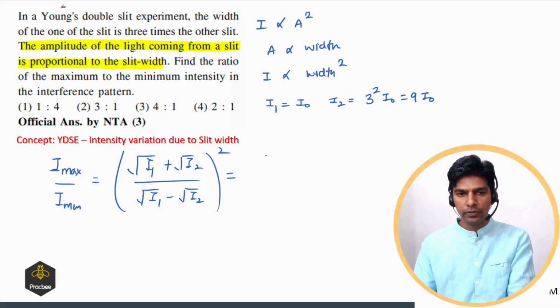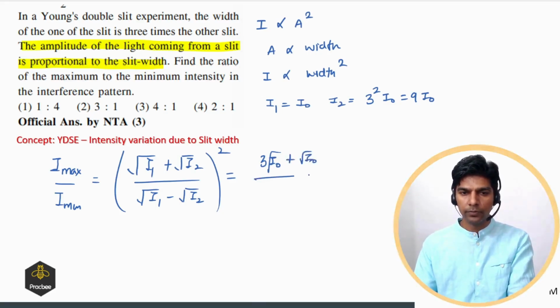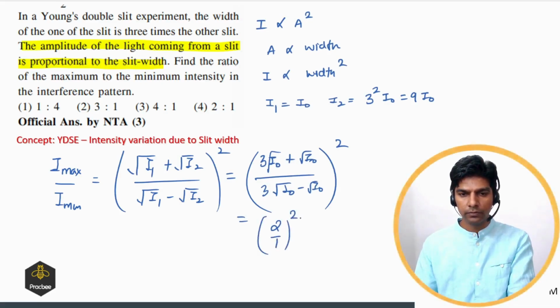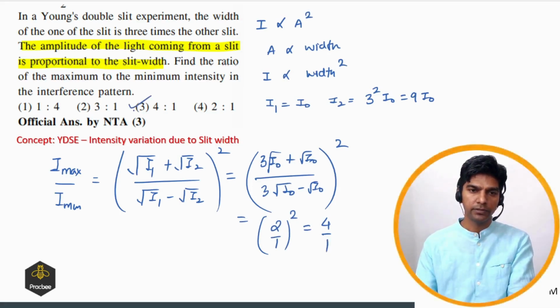So this comes out to be (3 root I0 plus root I0) upon (3 root I0 minus root I0) whole square. So if we simplify this, this comes out to be 2 by 1 whole square, which will be 4 by 1. So 4:1 is the answer. Option 3 is the right answer.